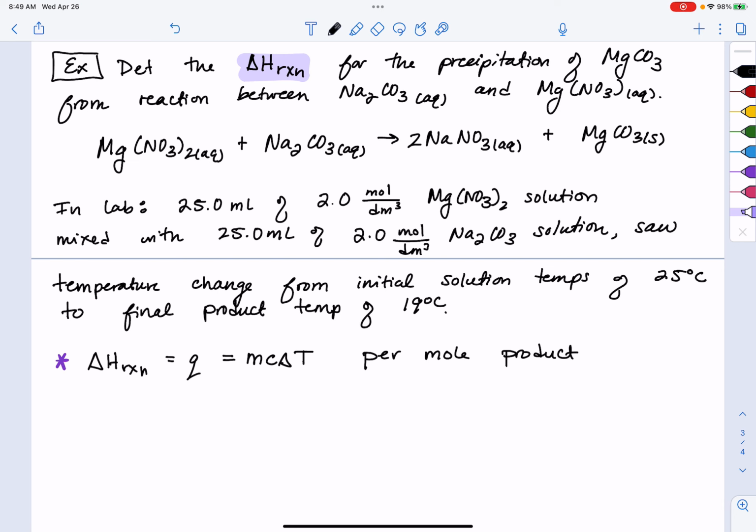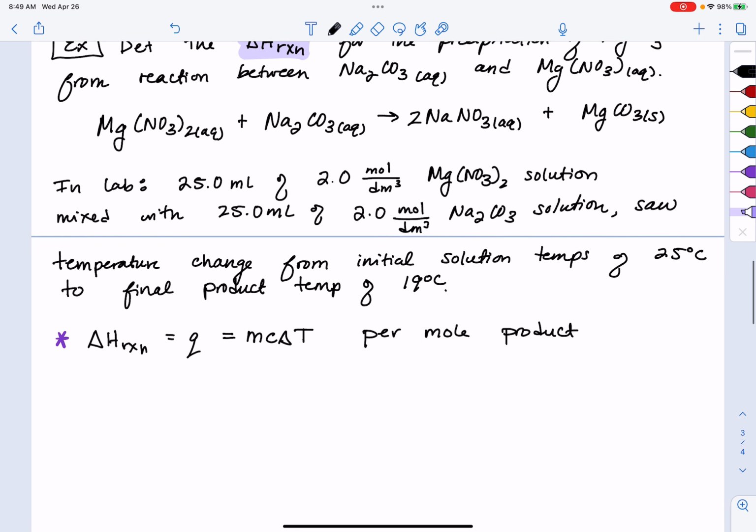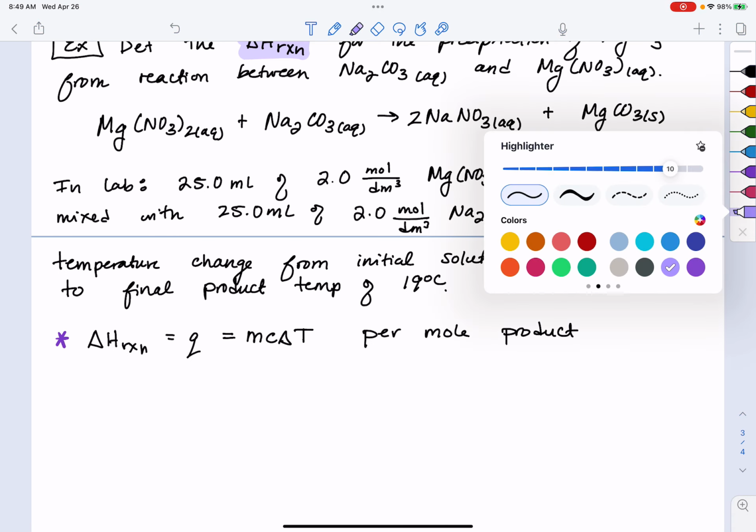So if we are going to figure out things like the heat from masses, specific heat capacities, and our change in temperature, and we want to find the heat of reaction, we're also going to need to find the moles of product. So this is another task on our to-do list here.